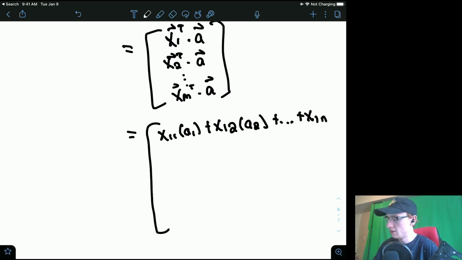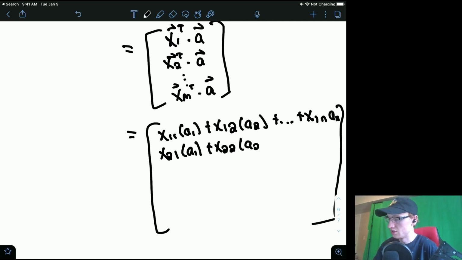So x1,n times an, without the brackets, like that. And then the second row, x2,1 times the same a1, plus x2,2 times a2, still a2, and then plus all the way until x2,n, since there are n columns, and then again an, like that.